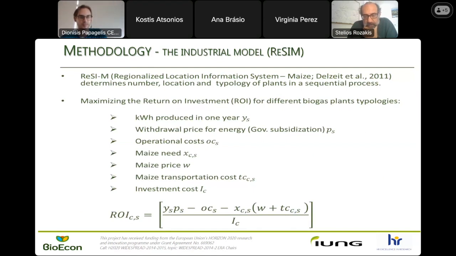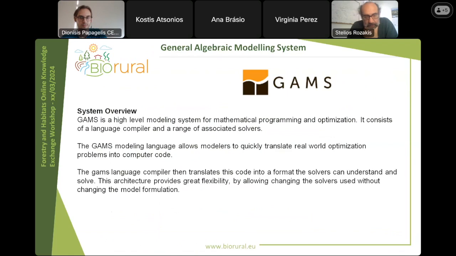The second component is the industrial model. It runs on the basis of an objective function that is the return on investment. So we model the industry as different units; I will talk a little bit in more detail later. The modeling support is the General Algebraic Modeling System, which is GAMS.